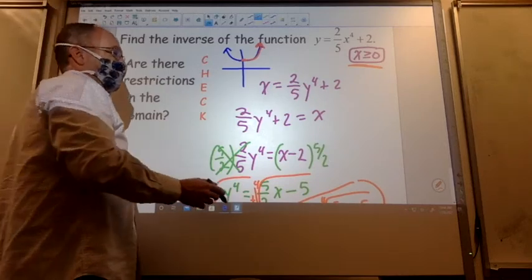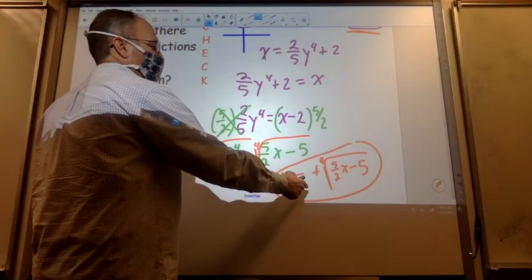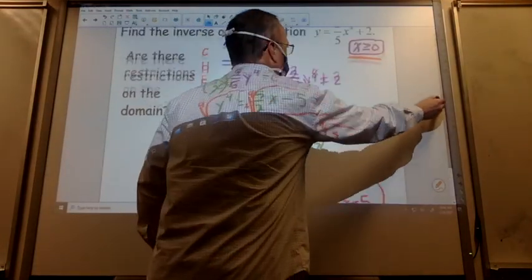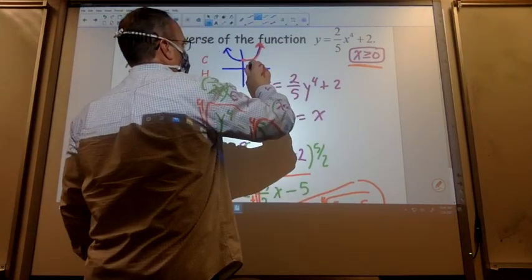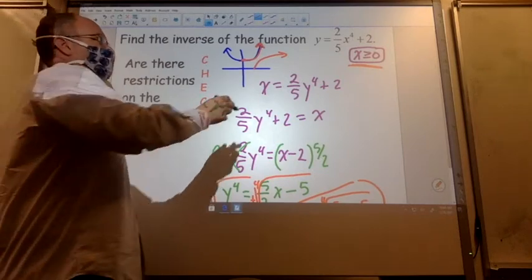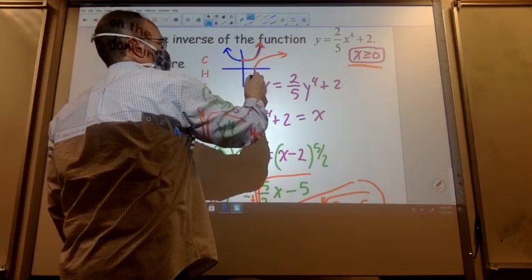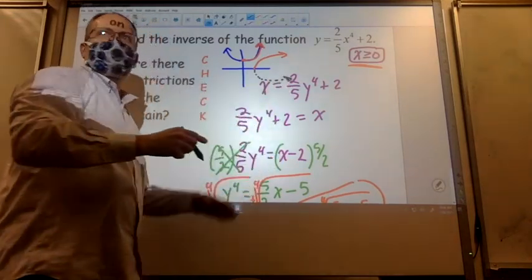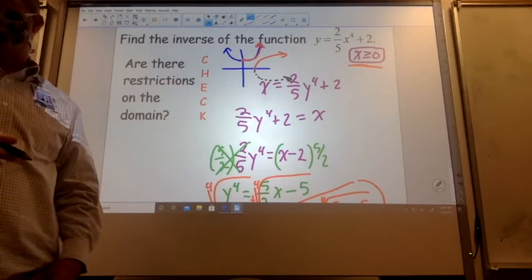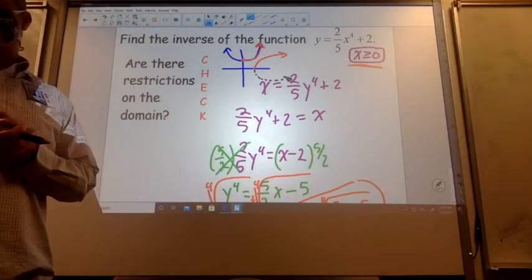Once I do that, because I have just a positive component, the graph of this basically looks like this. If I didn't have the restriction that I put, this graph would also have this down here. And then that doesn't pass the vertical line test, which means it's not a function. It's just a relation. And those relations, we just kind of keep them aside. We love the functions.